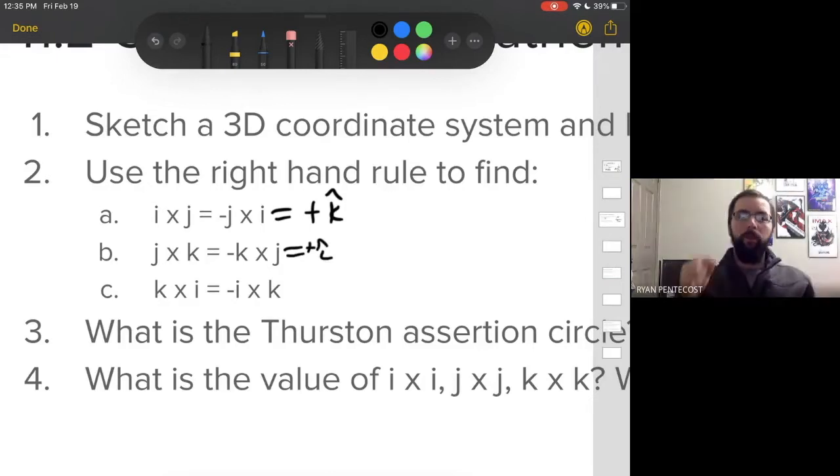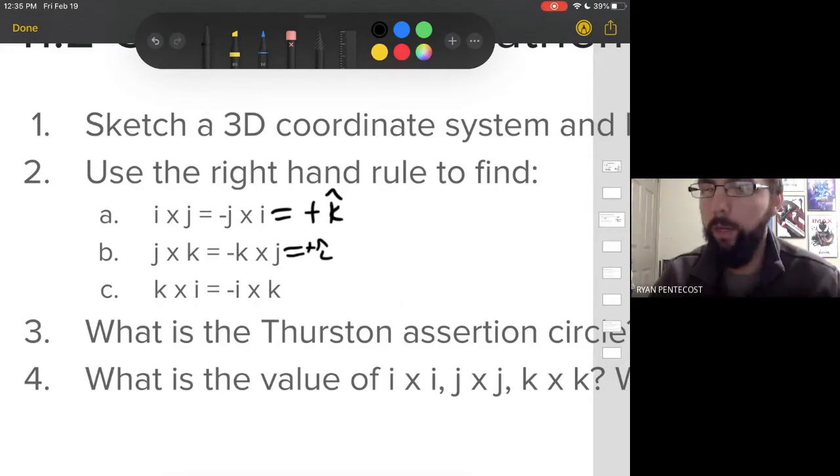Now we have k towards us, I to the right, so your thumb is pointing up. Or you can say that negative I is to the left, k is towards you, j is up, right? So there's a difference between that and that. But both times our thumb is pointing up, meaning that that would equal positive j.